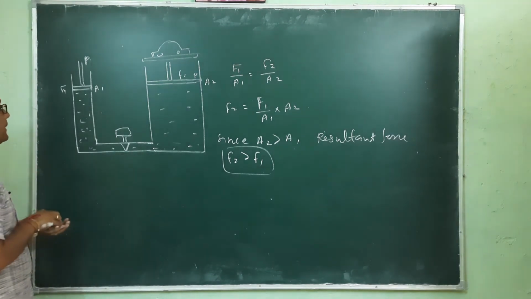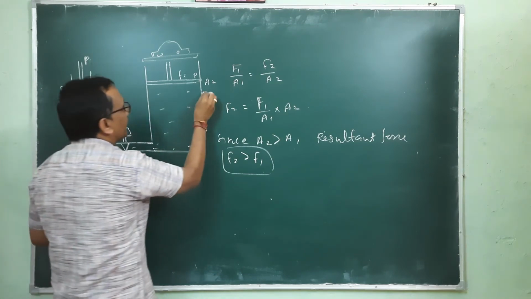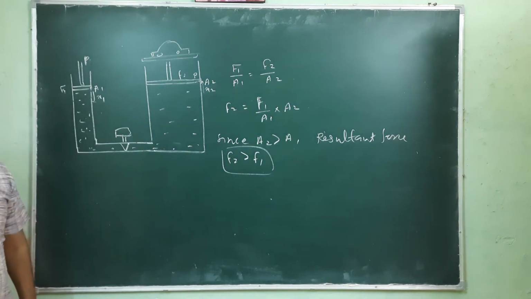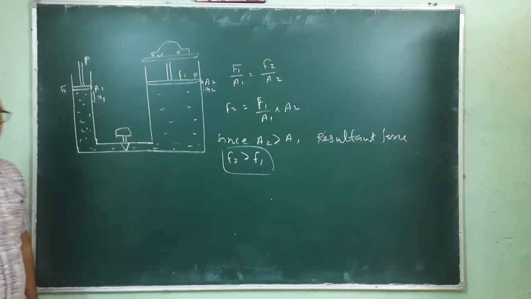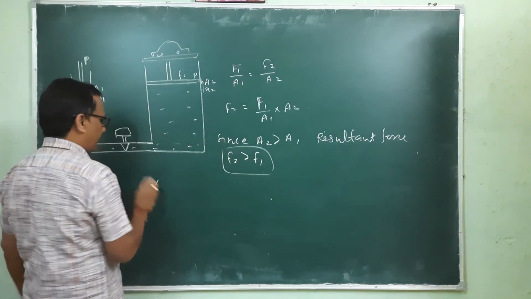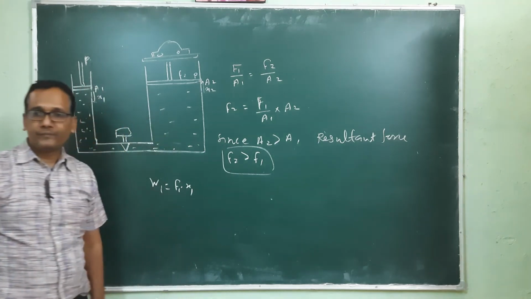We can even calculate the work done. If the shifting where we apply force is x1, and the shifting on the other side is x2, then separately you can calculate the work. So the work done here, W1, is equivalent to F1 multiplied by x1.